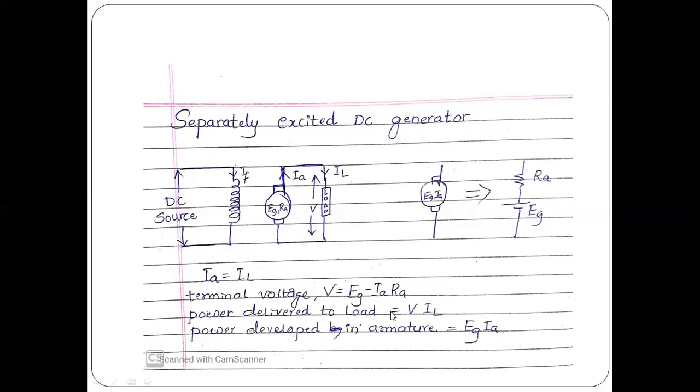Power delivered to the load is V into IL, where V is the generated voltage minus the drop in the resistance. The armature current and load current are both the same: Ia is equal to IL. So this is the separately excited DC machine.